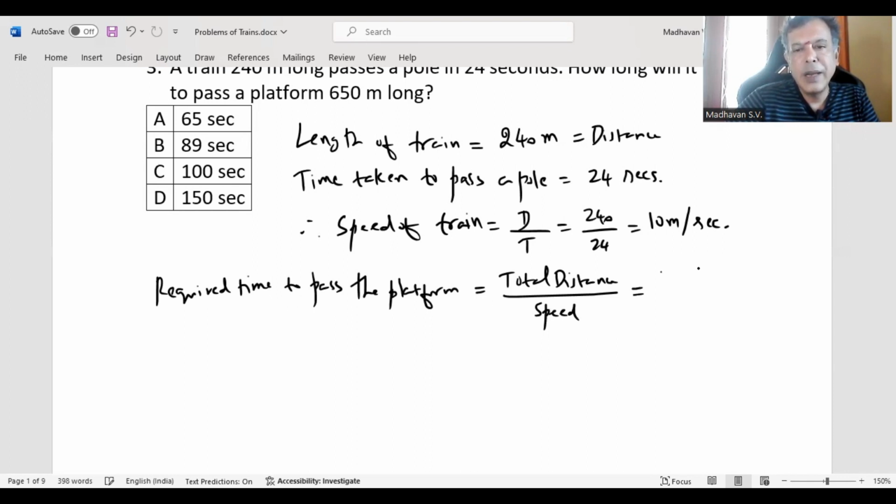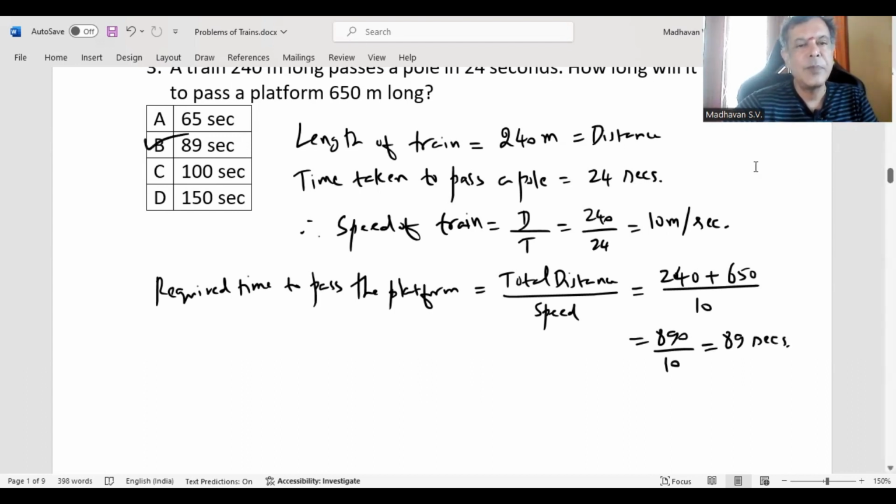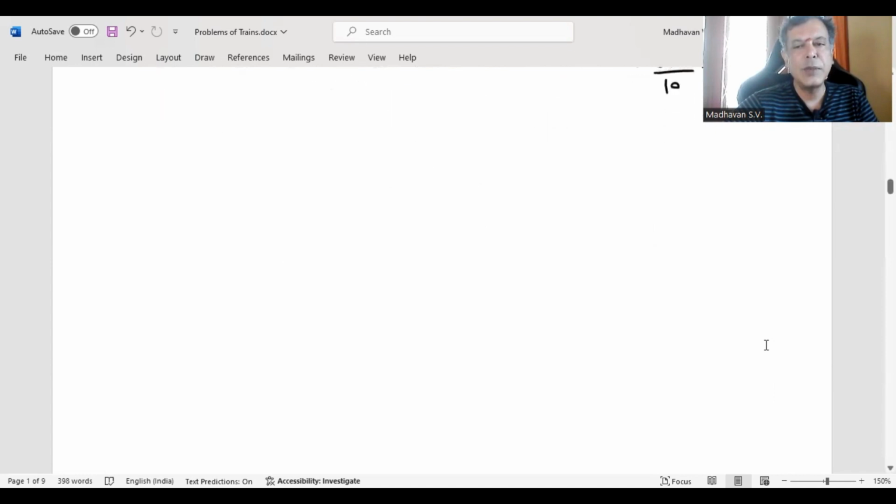Total distance will be the length of the train, 240, plus the length of the platform, which is 650, divided by 10. That gives us 890 by 10. So you get 89 seconds. So the answer is option B. Let us move on to the next question.